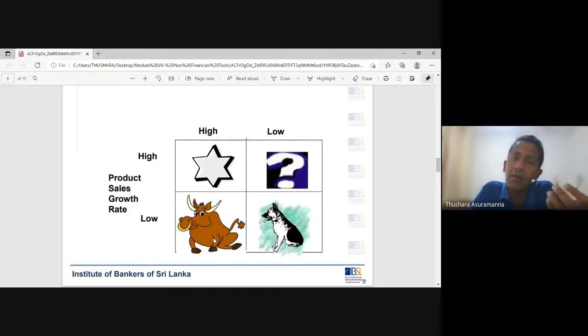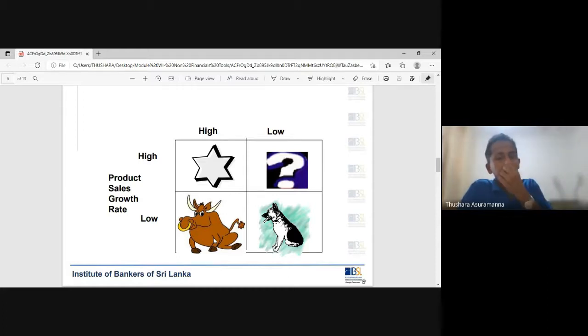So if the company is doing well in terms of strategizing the products, you might release the financing. If you are thinking more in terms of cows, the recommendation could be more working capital type of financing.